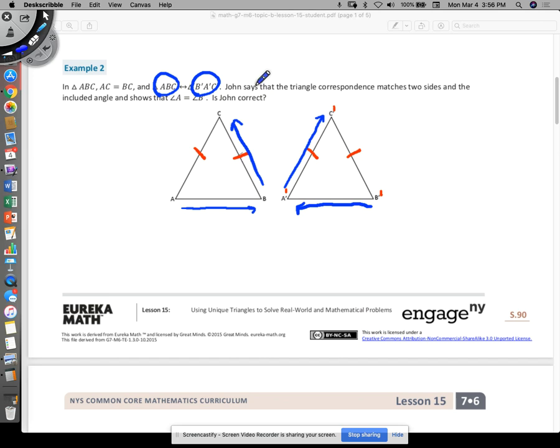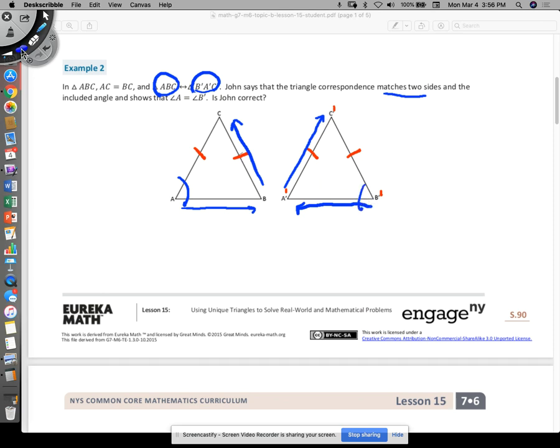So then they say, John says the triangle corresponds to two matches two sides. Yep, check. We have tack marks, so we have two sides that match, of course. And an included angle, which means it needs to touch. That is angle A and angle B. Is that just regular B? Nope, it is a B1. I just wanted to make sure. I kind of colored over it there. So they're saying angle A is the same as B1. Is that true?